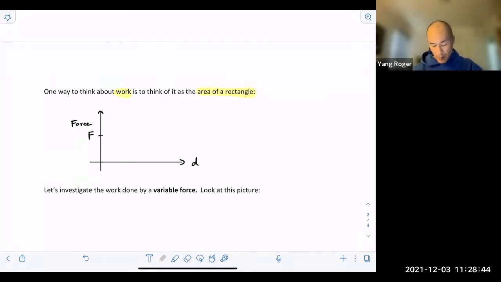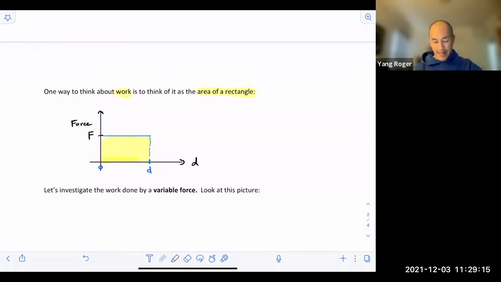And what I want you to imagine, okay, here's 0, here's whatever d my distance is. Because my force is constant, you guys know that constant functions are just horizontal lines, right? So if you think about what F times d means, that's really the area underneath this curve that's just a horizontal line.